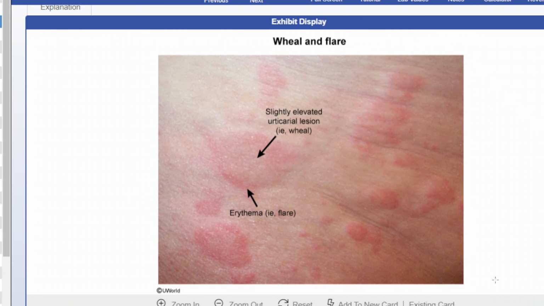This is how it looks, wheal and flare: a slightly elevated urticarial lesion with wheal and erythema, that's going to be the flare.